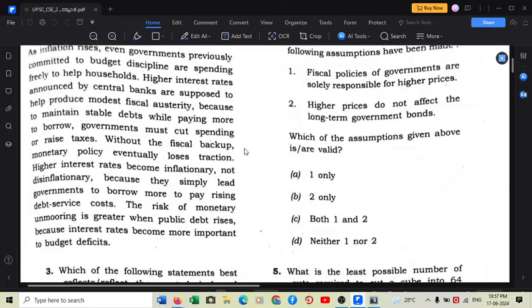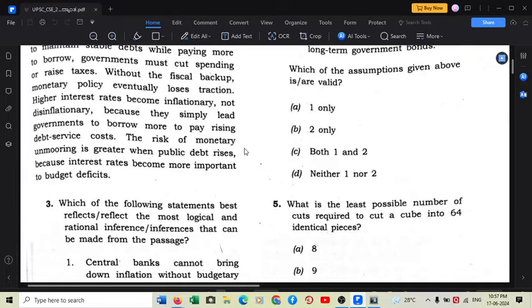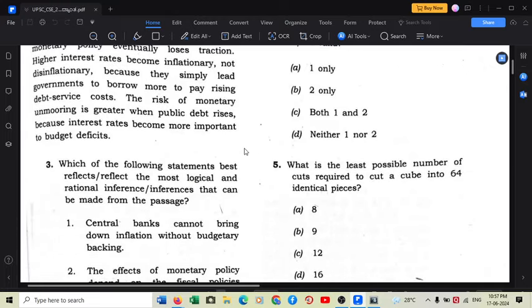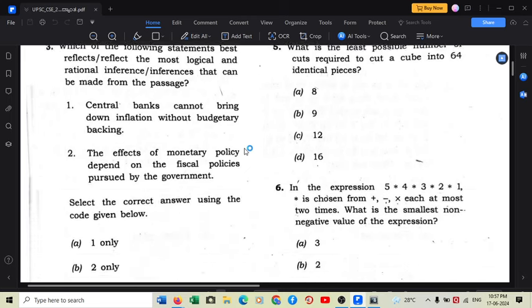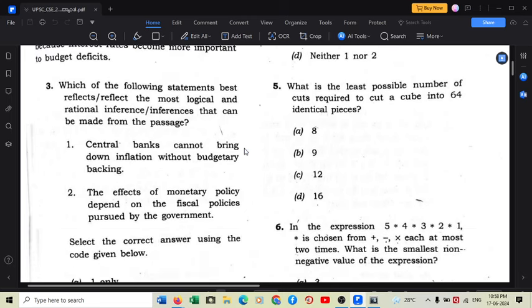Now let us look at the question. Which of the following statements reflects the most logical and rational inference that can be made from the passage? Statement 1: central banks cannot bring down inflation without budgetary backing. Central banks can bring down inflation by reducing interest rates.